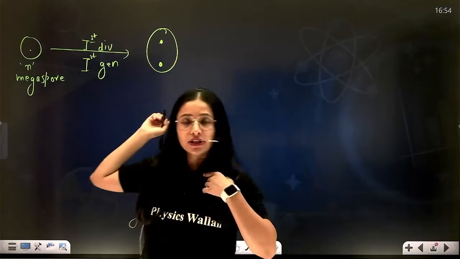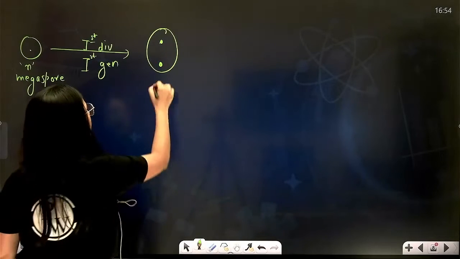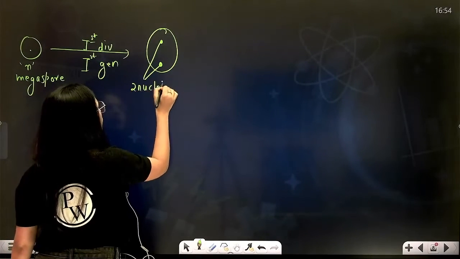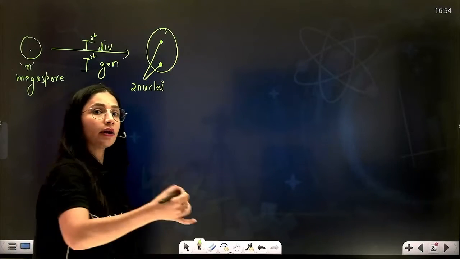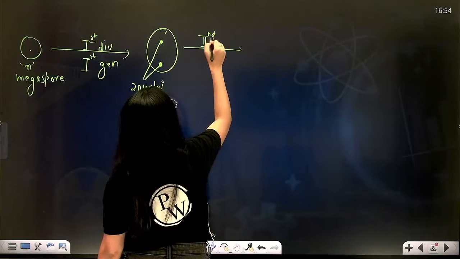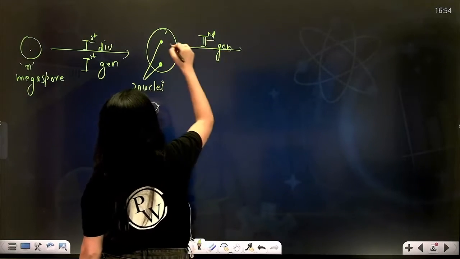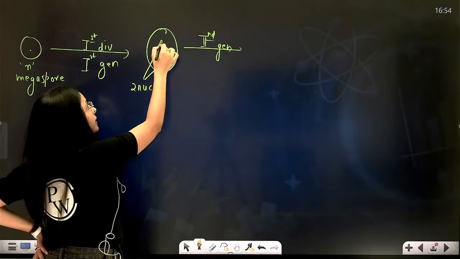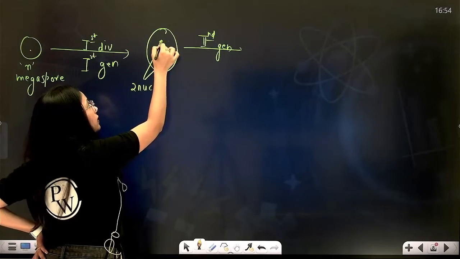So only karyokinesis will take place. Now the first division took place, giving 2 nuclei per cell, with no cytokinesis. Now it will enter the second mitotic generation, and these nuclei will undergo mitosis, right? And this is also undergoing mitosis.